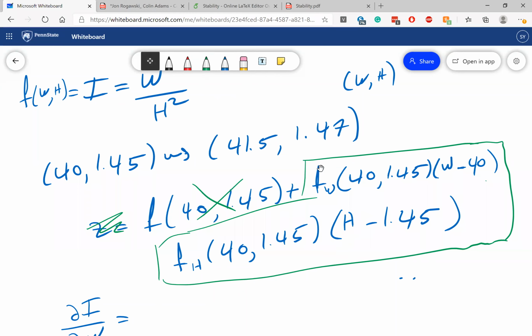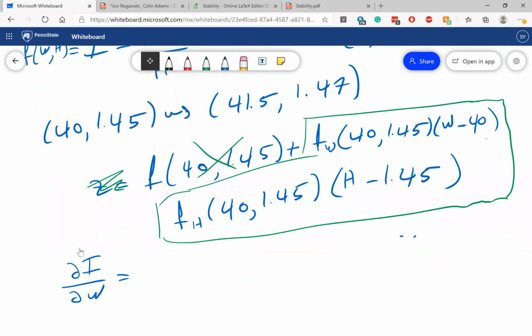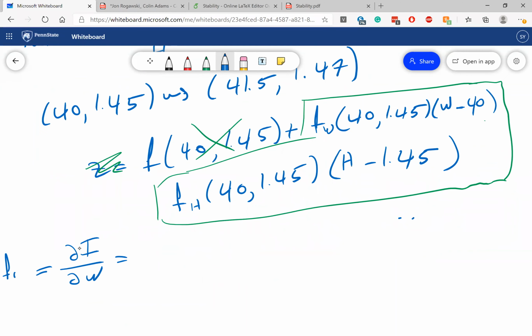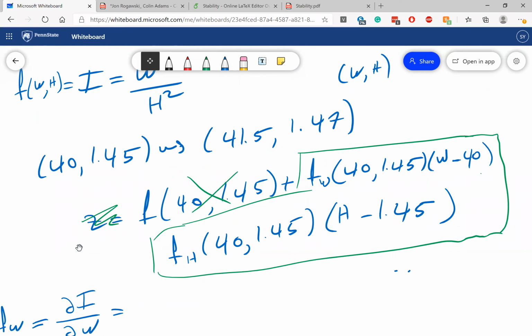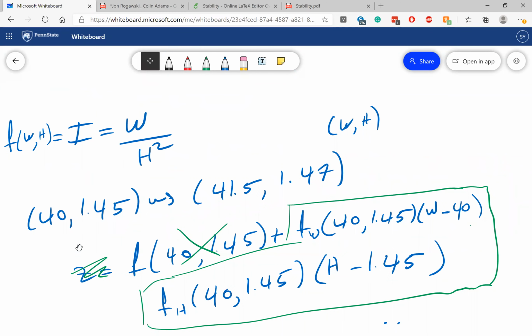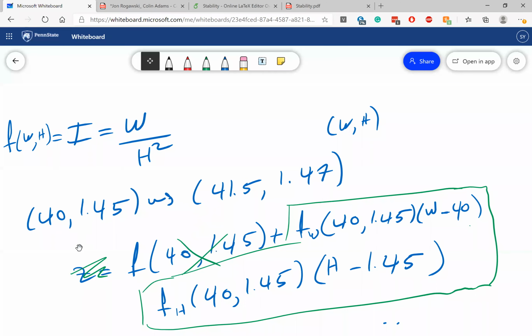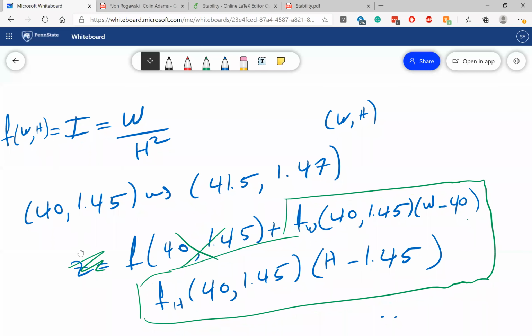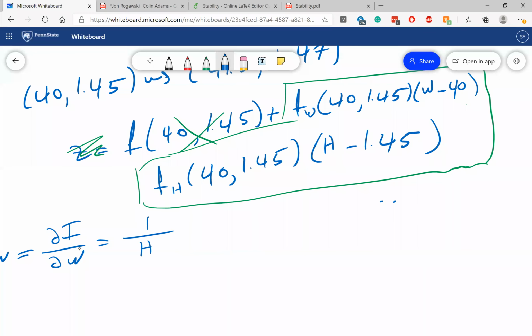Okay. So the partial of I with respect to W, which is F_W, is going to be equal to just 1 over H squared. Good.